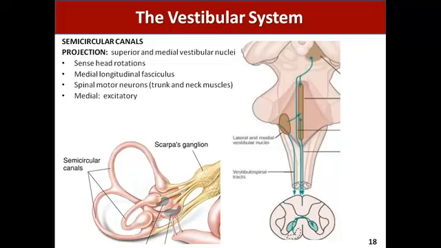The medial projections are typically excitatory, while the superior ones are the axons that will eventually discharge neurons in the superior portion are inhibitory.